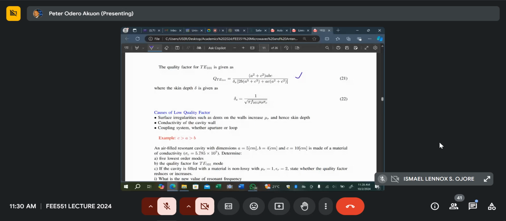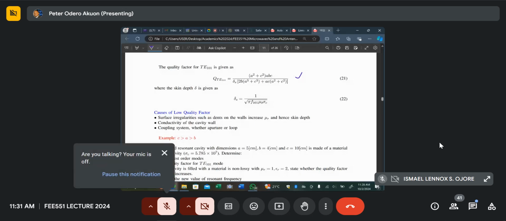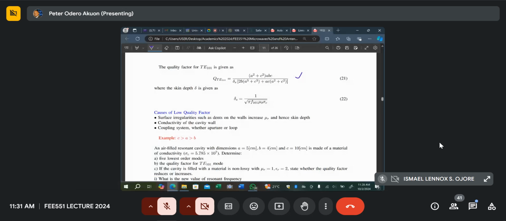Somebody wants to try? Do you think the skin depth also depends on the permittivity? Okay, you can hold on to that question. Then later, try to see if you can remember or try to see the insight.